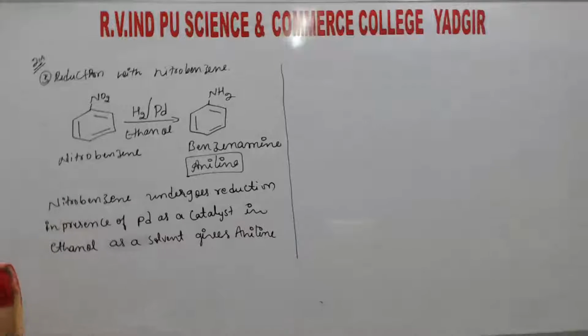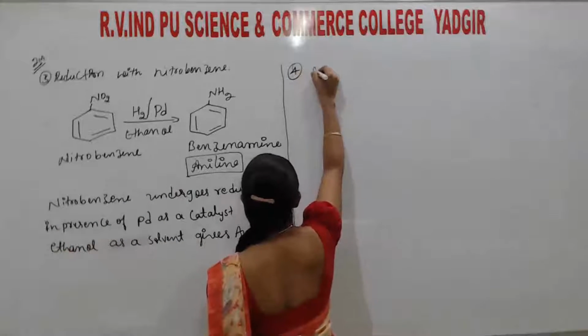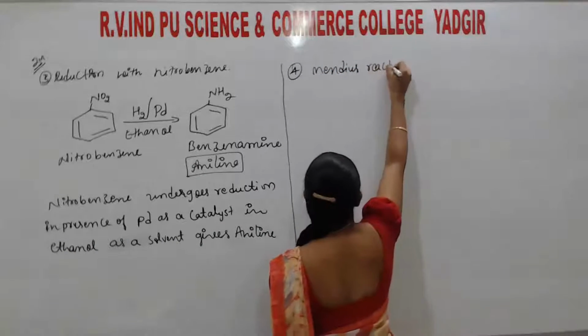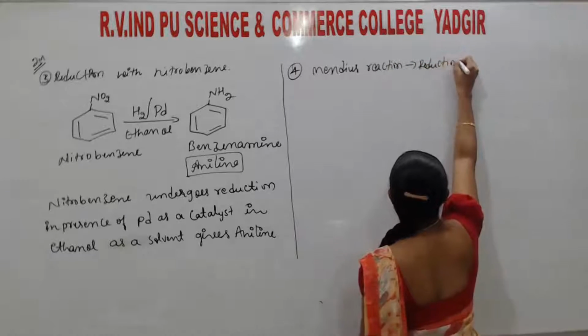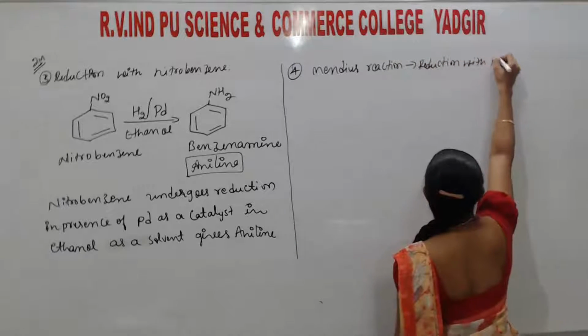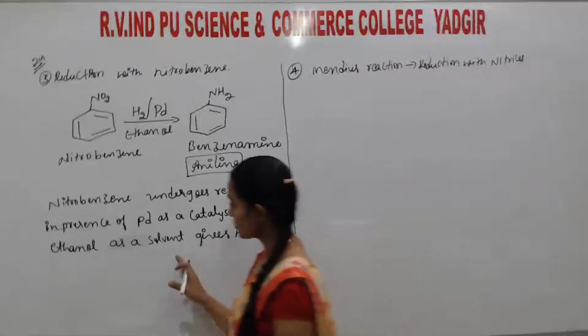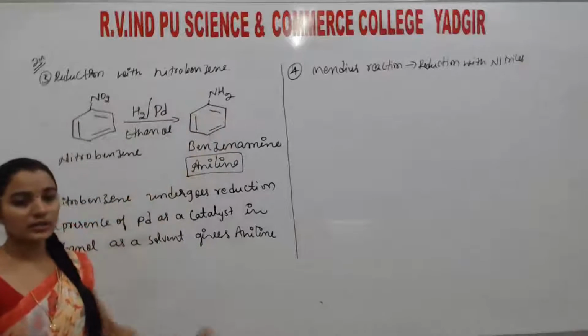Okay, so the next one is the fourth one, that is Mendius reaction. What is that Mendius reaction? Reduction with nitriles. So students, this is not a general reaction; particularly we are taking nitrobenzene and getting this amine.